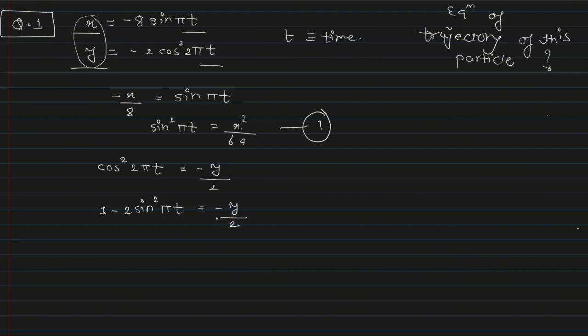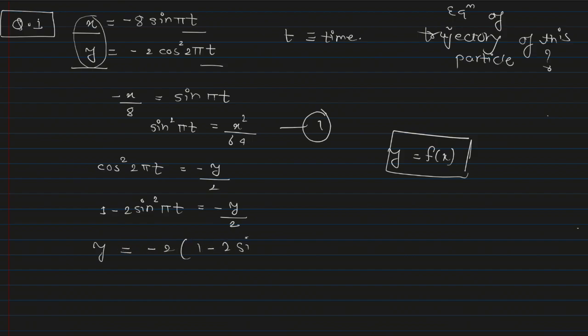We want to write this as y equals f of x as mentioned earlier, so y equals minus 2 times 1 minus 2 sine square pi t.